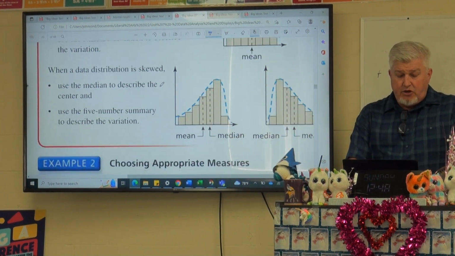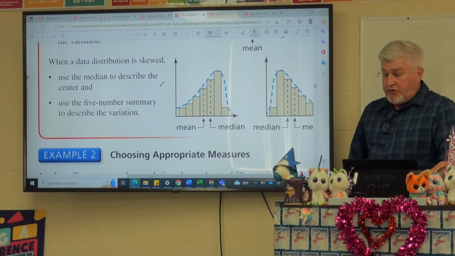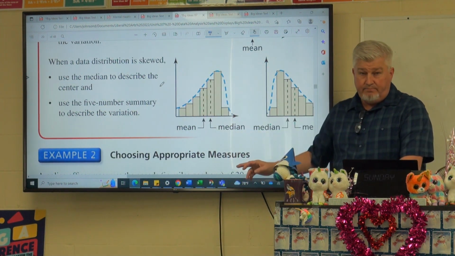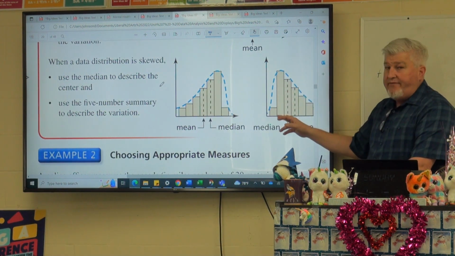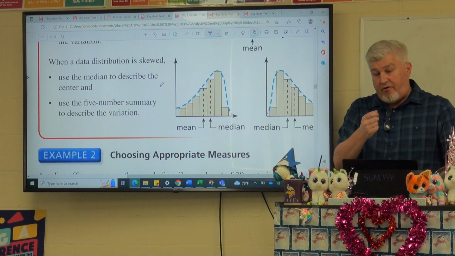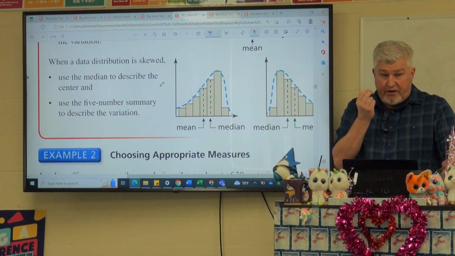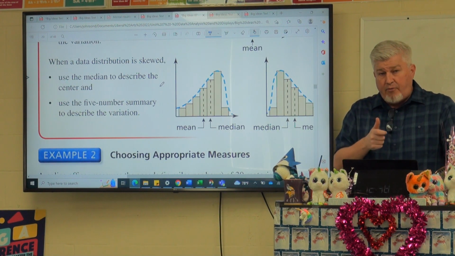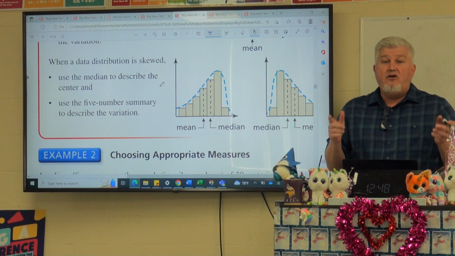If it is skewed, you use the median to describe the center. And then you use the 5-number summary. Remember, the 5-number summary came from our previous chapter, the box and whisker plot. You get the 5-number summary then to spread out the data for you to analyze.